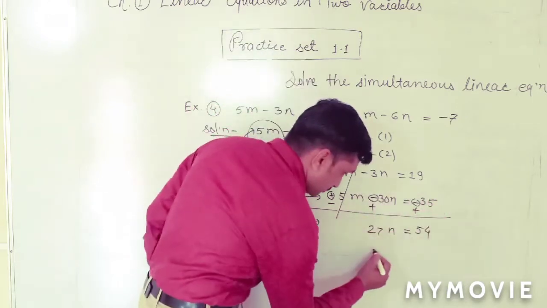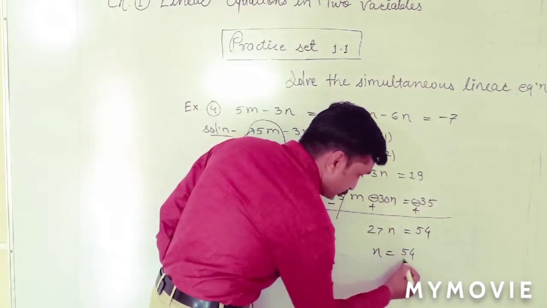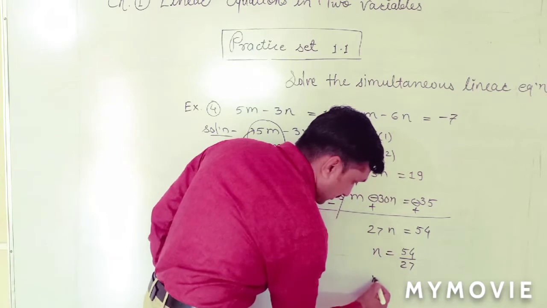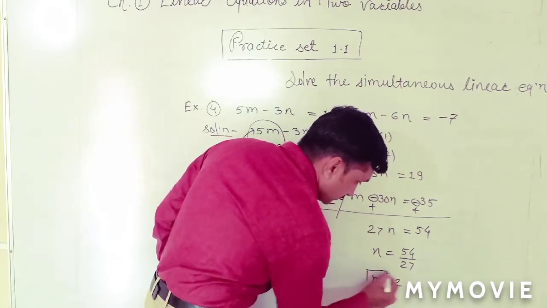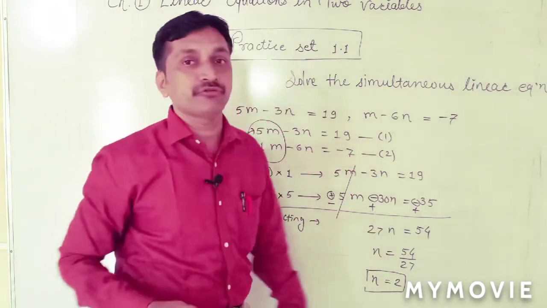Now transfer: n is equal to 54 upon 27, and therefore we get the value of n: 2 twos are 54 (2 times 27 is 54). We got the value of n.